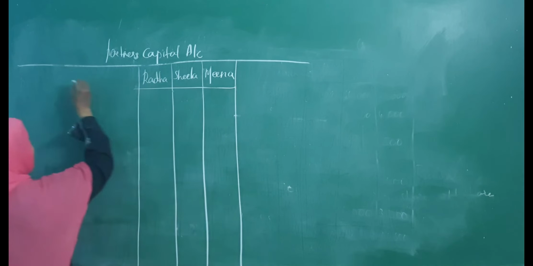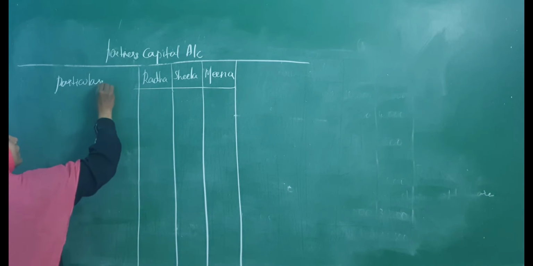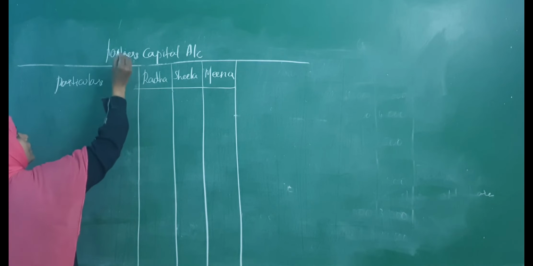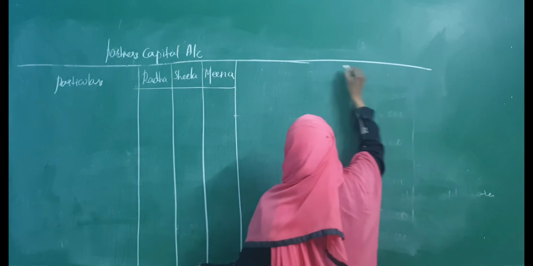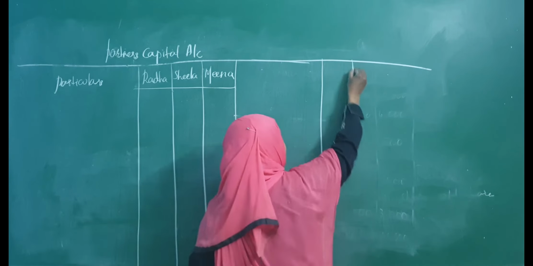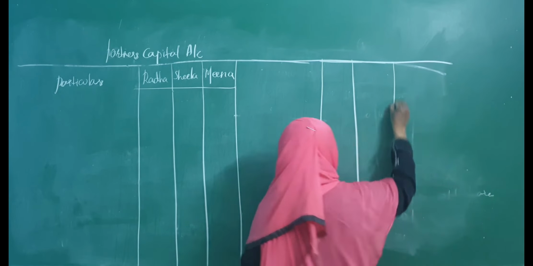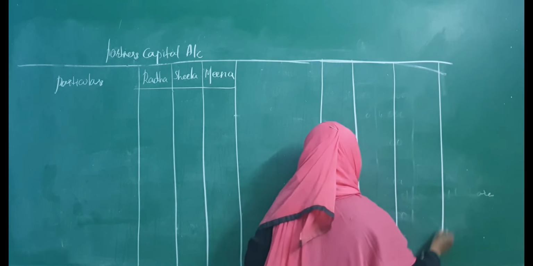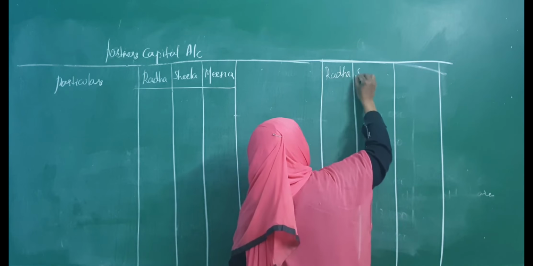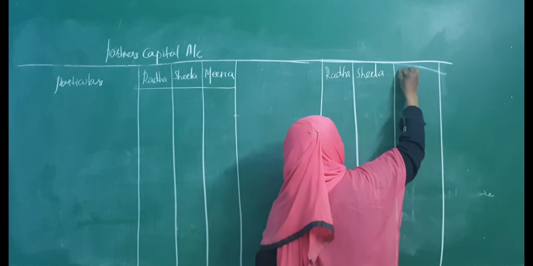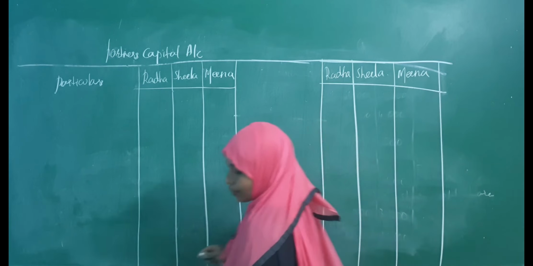Okay, particulars. Then again Radha, Sheila, Meena. Okay, what you have to do?